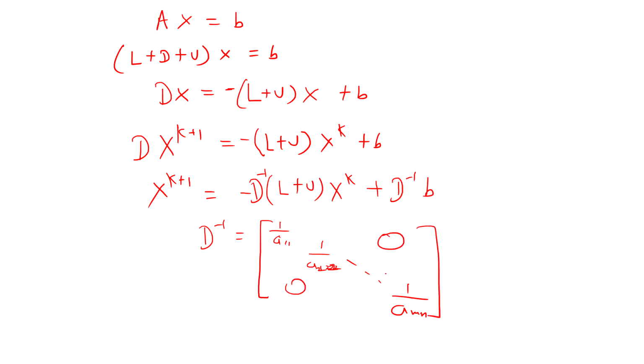This is D inverse, because since D is a diagonal matrix, its inverse is just the inverse of the diagonal elements. So essentially the value of x at the new iteration is nothing but minus D inverse (L + U) times the value of vector x at the old iteration plus the b vector.